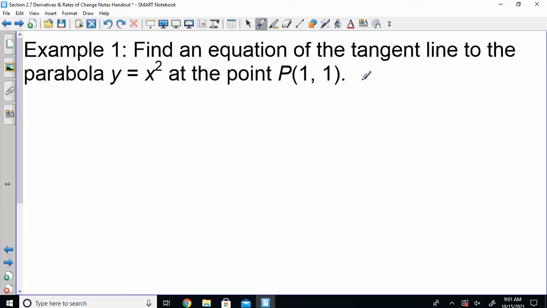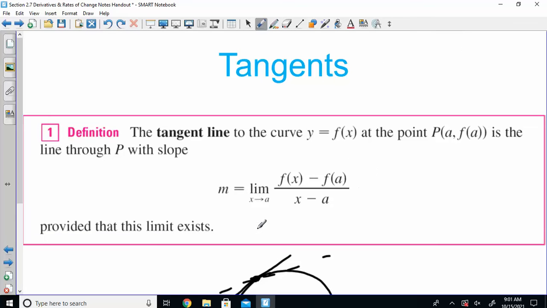Let's say I asked you to find the equation of the tangent line to the parabola y equals x squared at the point 1, 1. Okay, we need the slope of the tangent line. And that's what we got done doing in the last chapter. We could make those whole tables to find it, but then we end up saying, well, that's really just the limit.